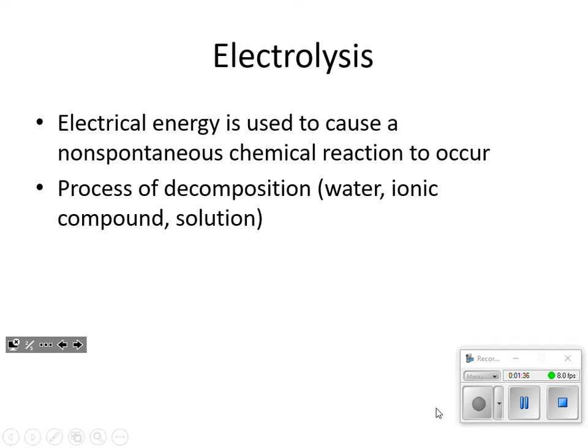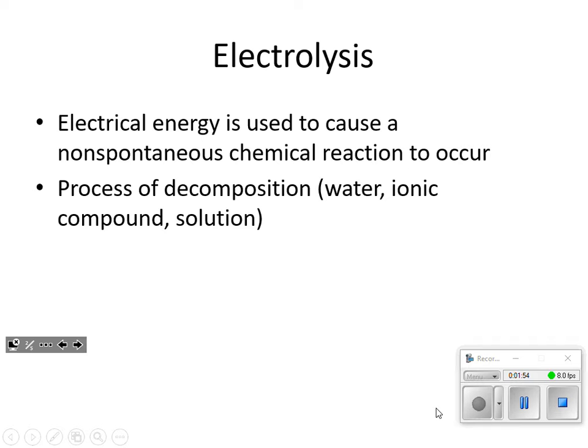However, we can use electrolysis to decompose an ionic compound. You zap NaCl with enough electricity for a long enough time, you can create solid neutral sodium and chlorine gas.